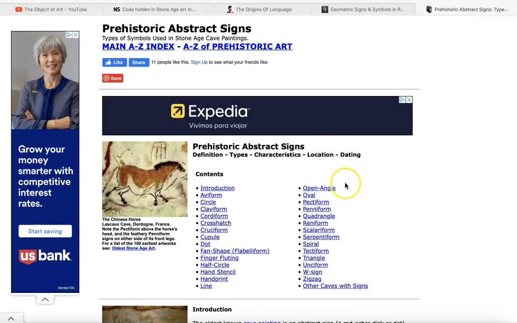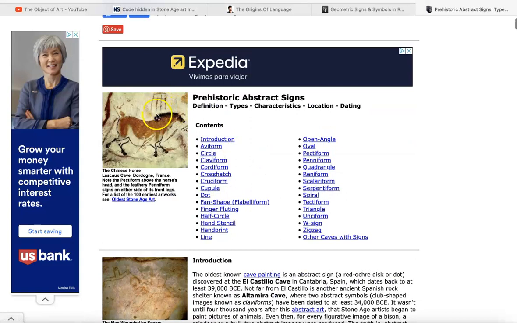Let me show you one more resource. This is Prehistoric Abstract Signs, and it actually has the picture that I just showed you from the slides, the Chinese horse, Lascaux Cave. I don't know why it's called the Chinese horse, but the Lascaux Cave, Dordogne, France.